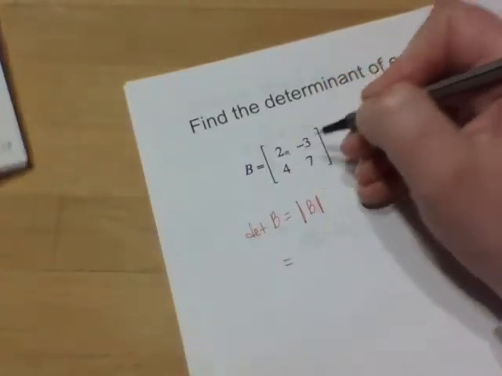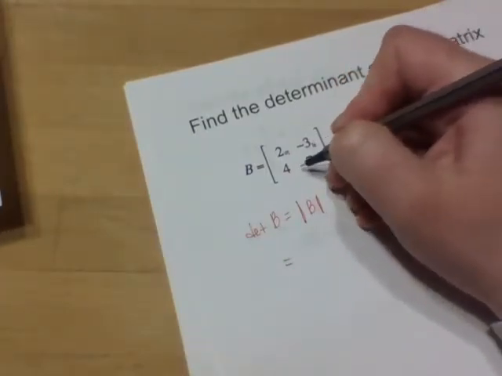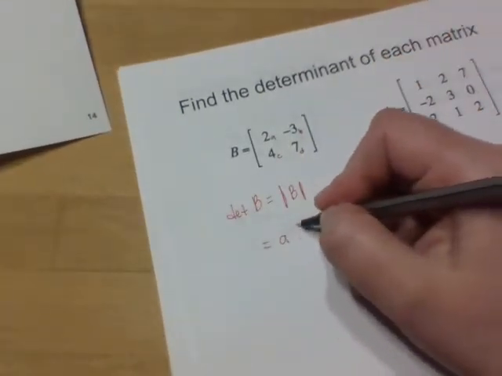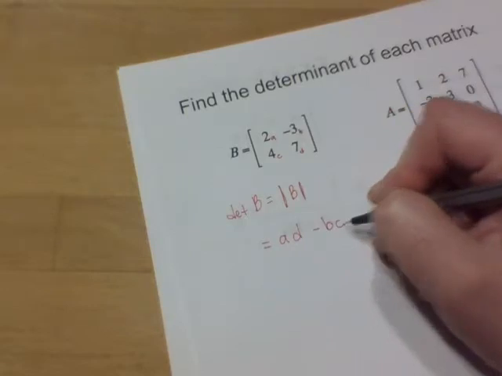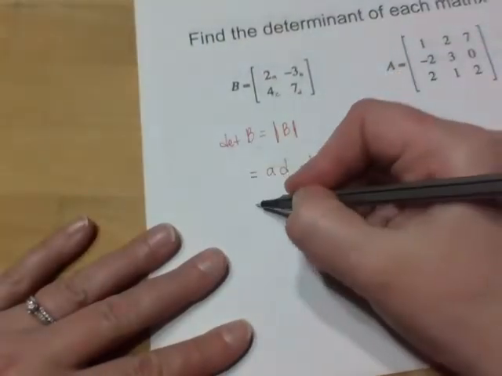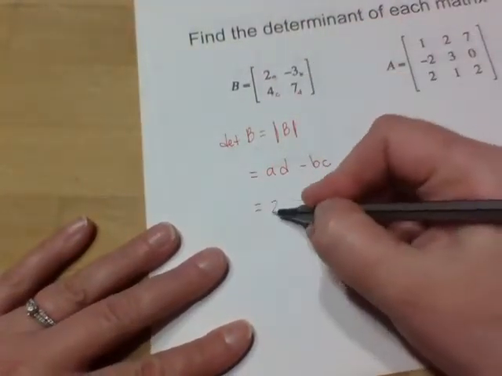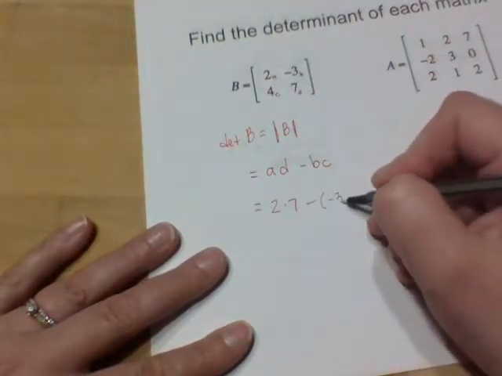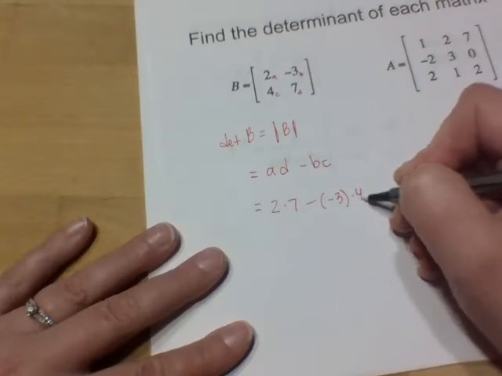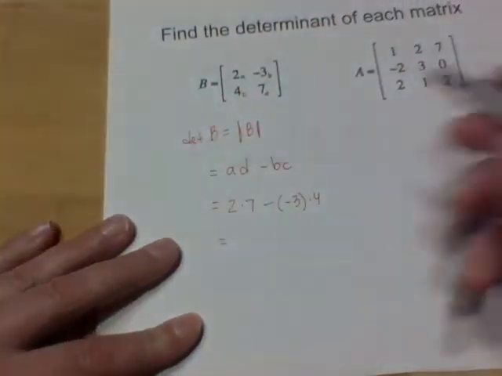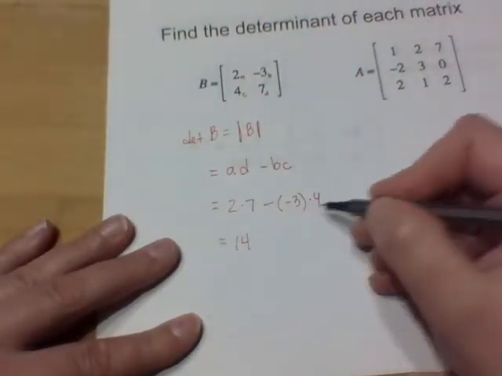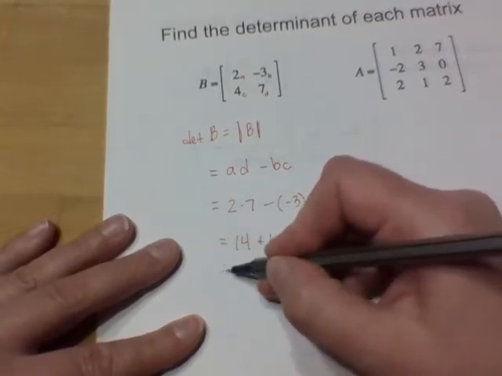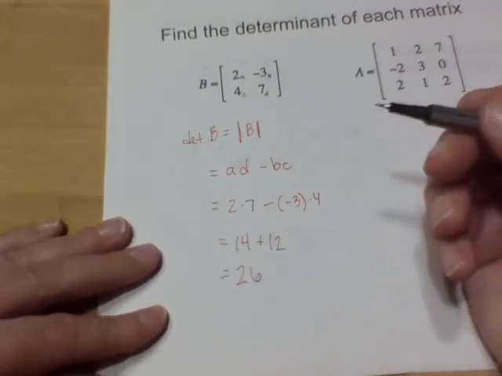So this is going to be our A, B, C, and D. And the idea is to take your AD and subtract the BC product. So AD is 2 times 7. BC is -3 times 4. And so we're going to end up with 14, and then plus, because of the 2 negatives there. And so we get 26 as your determinant.